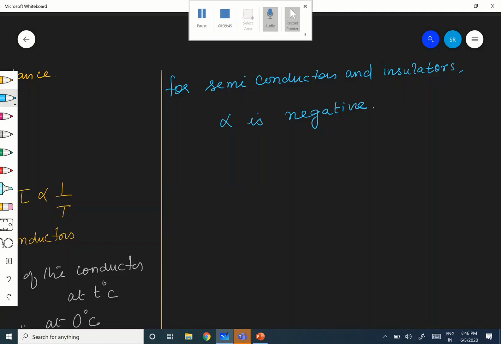What do you mean by that? As you increase the temperature, I'll write it, and after that I'll give the explanation.